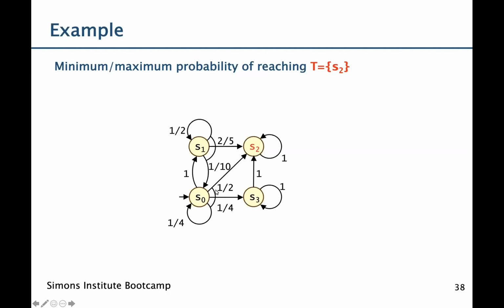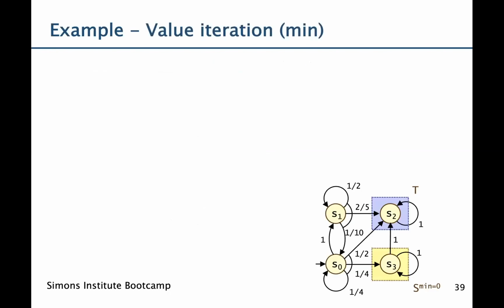There's this distribution here, where we go to S2 with probability 1/2, S3 with probability 1/4, and we stay in S0 with probability 1/4, or with probability 0.1, we go to S1. While in S3, we've got a non-deterministic choice between going to S2 with probability 1 or staying in S3 with probability 1. I've omitted the action labels just to keep things simple.